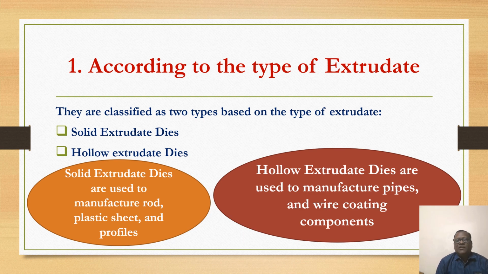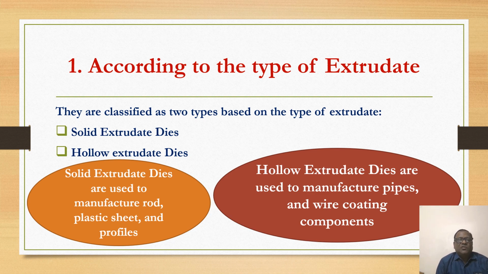That is based on the type of product you are getting, whether at the exit of the die the product that comes out is a solid shape or a hollow one. Based on that it is classified. So according to the type of extrudate, two types: solid extrudate die and hollow extrudate die.